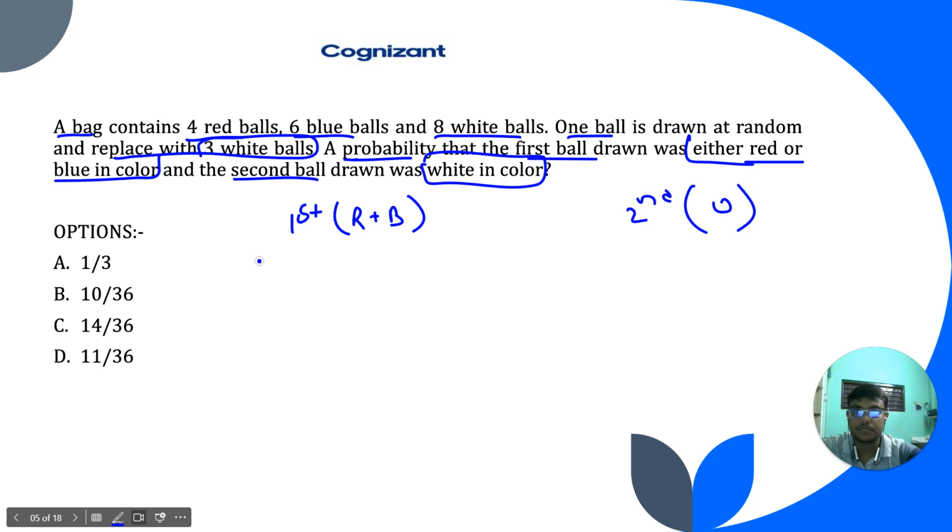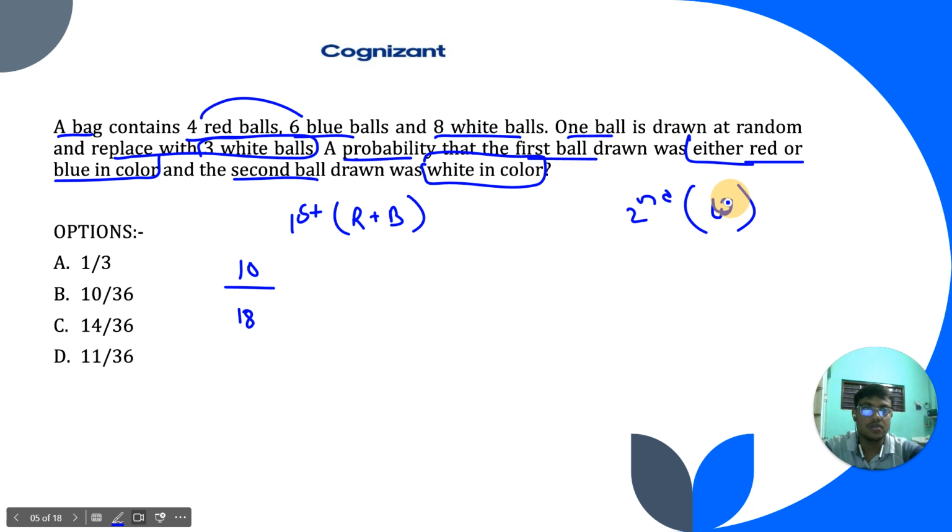Now you see, for the first ball, the number of favorable outcomes is equal to the addition of the red balls and blue balls, that is 10, and the total number present at the first instance is 10 plus 8, that is 18. So the probability of getting red or blue ball in the first draw would be equal to 10 by 18.